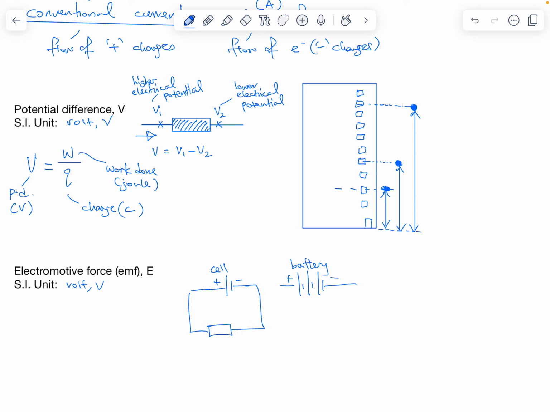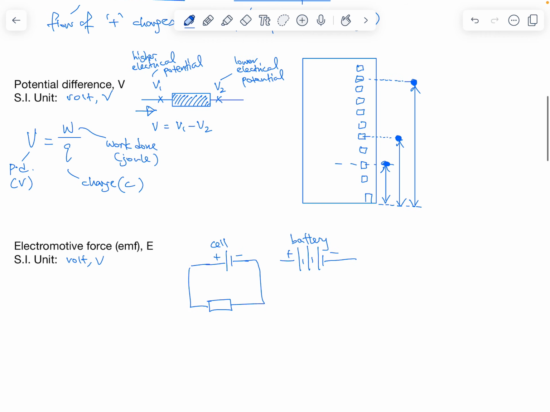So this is a typical electrical circuit, direct current circuit. The current will flow because there is a driving force. The driving force is the cell, and the EMF refers to the voltage of that cell.